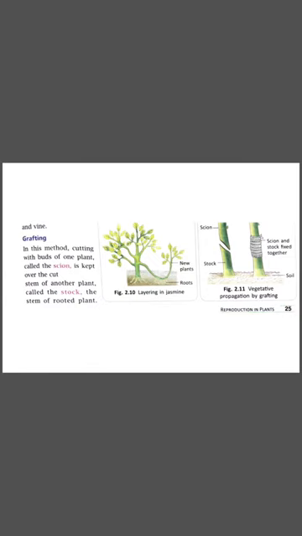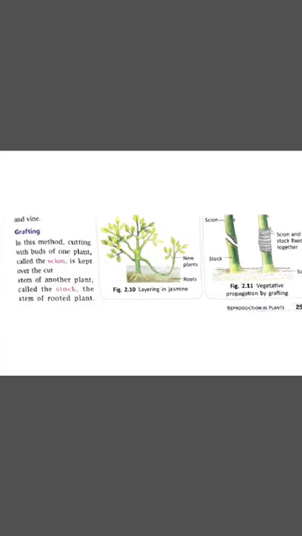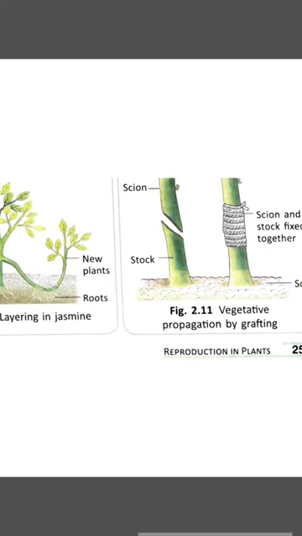Okay, grafting is an artificial vegetative propagation. As I told you, what happens actually in this: there are two plants. One plant which is attached to the soil is called a stock, and the other plant which we have to adjust onto the stock is known as scion.